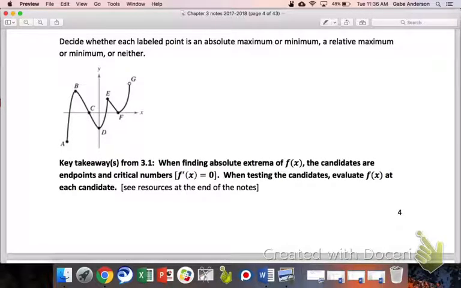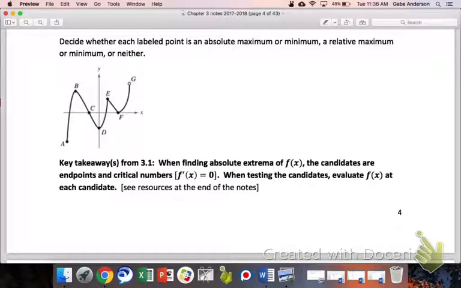Okay. Speaking to the existence, like knowing that they exist or not. Make sense? So if you do know that they exist, you could say that's the max, that's the min. But the EVT just says you can predetermine whether you can guarantee that or not. So if B was higher than G, it'd be the absolute max.